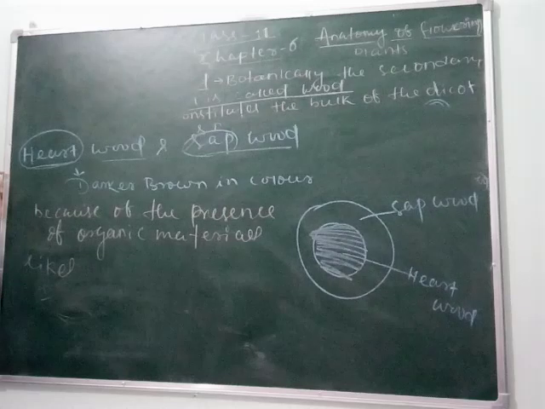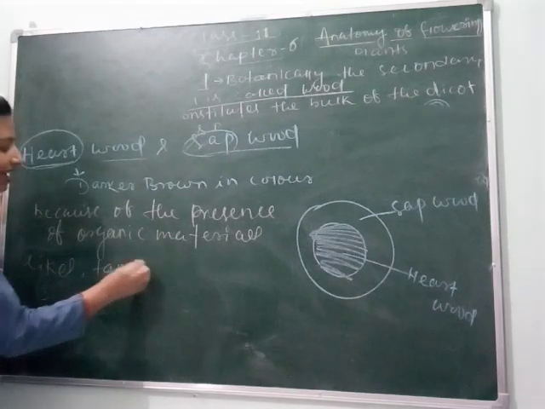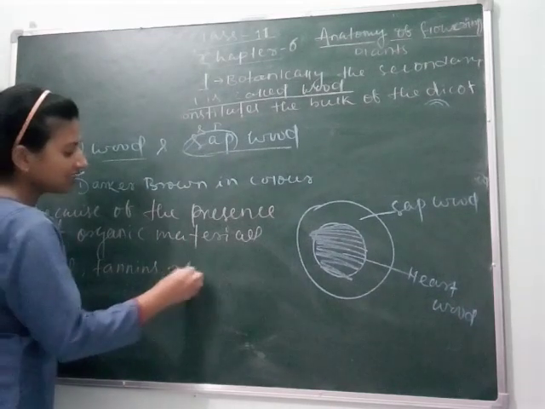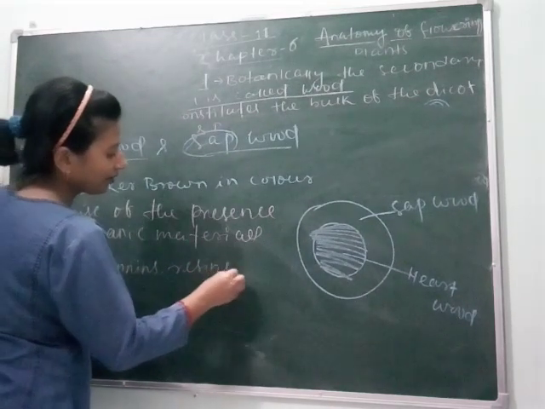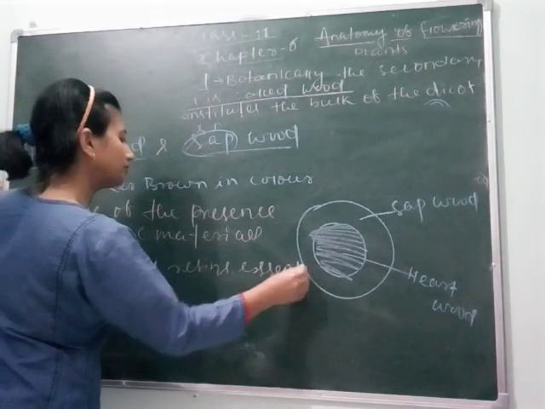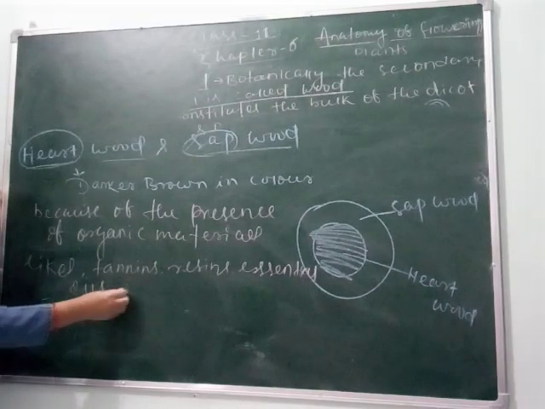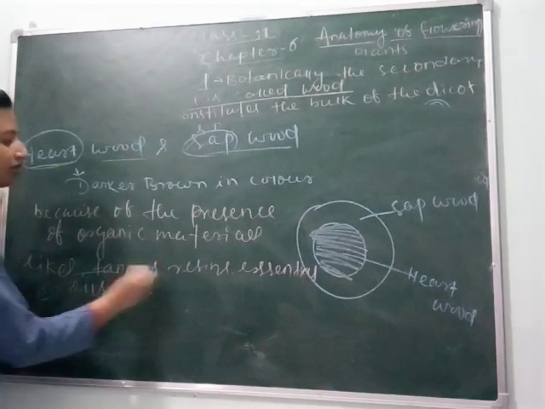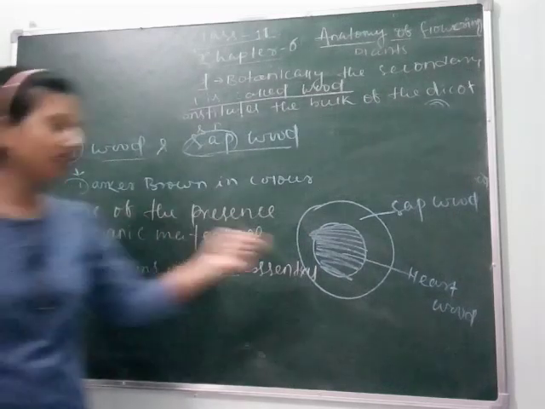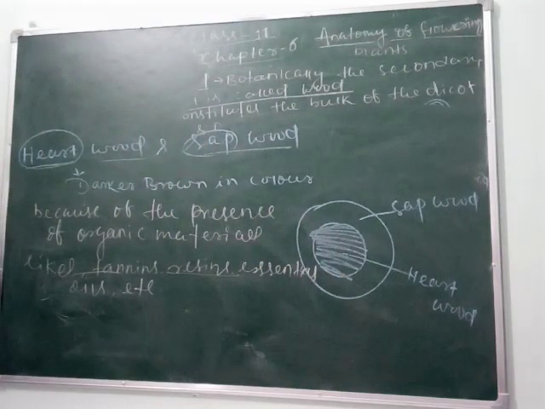The organic materials may be essential oils, resins, tannins, etc. Due to presence of these organic materials, the color of hardwood is dark brown and the sapwood is light.